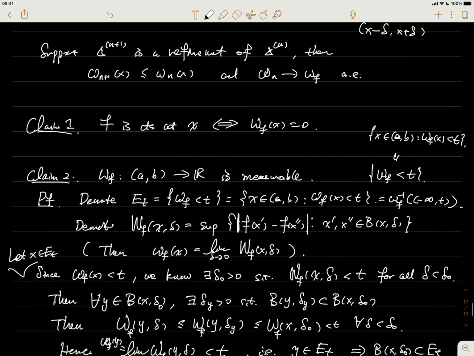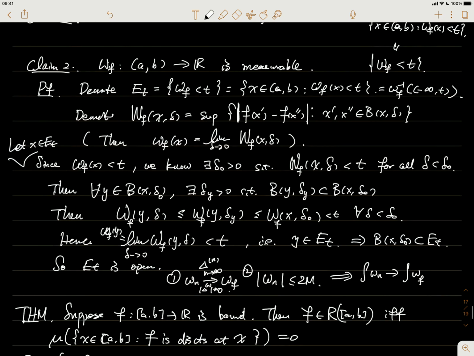But on the other hand, we also showed the limit of this is the integral of Wf. So this just means that the integral of Wf is the upper integral minus the lower integral, on the interval ab. Since both are the limit, these two have to be equal.